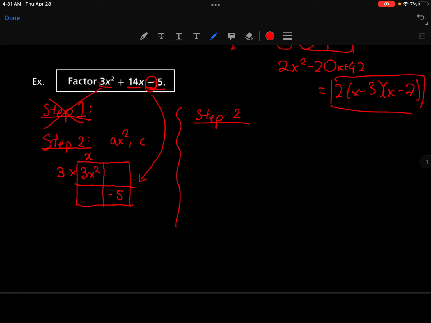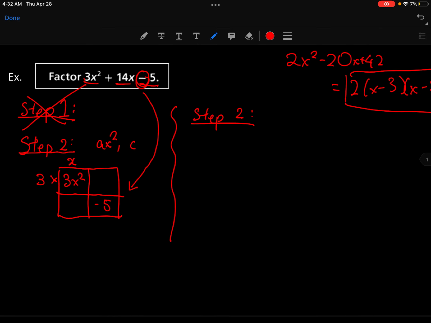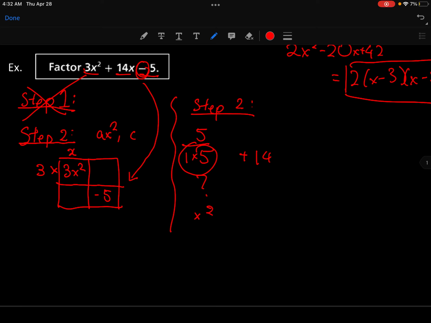Step number 3. What are the factors of 5? The factors of 5 are 1 times 5. That's it. But how do we get 14 using these two factors? Well, we know that one of the factors here must be multiplied by 3.